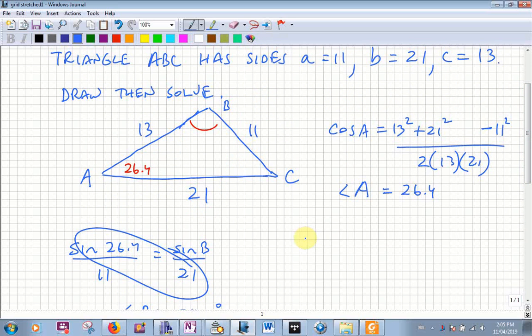Other people might go cosine of B is... which number goes first? Either 11 or 13, right? Those must be your first two numbers. 21 has to be opposite angle B. Over 2 times 11 times 13.